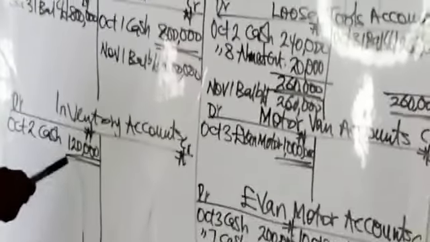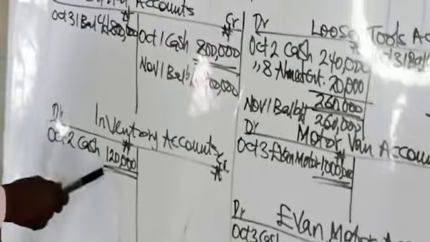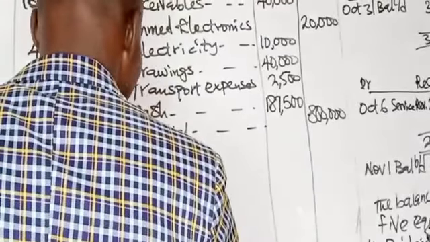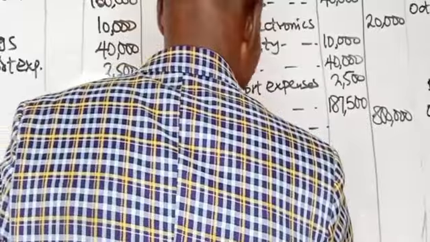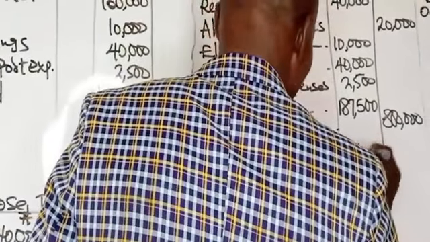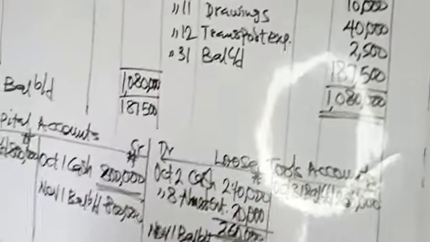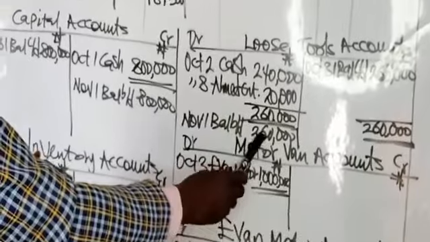Then we have inventory, a debit balance of 120,000 naira. Inventory, debit balance of 120,000. Then we have loose tools, a debit balance of 260,000 naira.